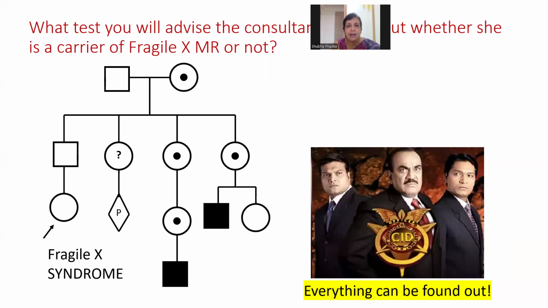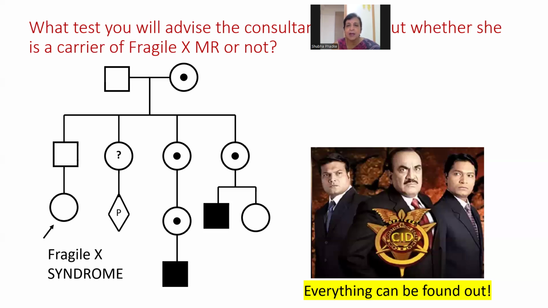Some individuals have what is called a premutation and not a mutation. But a man with a premutation can transmit that premutation to the daughter, and then her children can have a mutation and the disease. So her father being normal does not guarantee that she will not be a carrier of Fragile X syndrome. So depending on the disease, the genetics may vary.